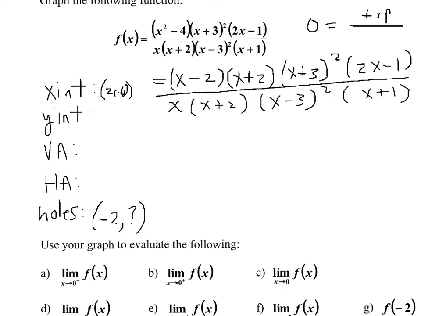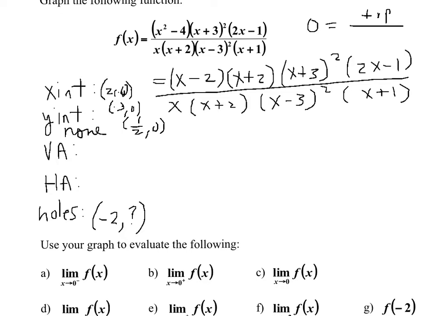I can see that there's an x-intercept at -3, so we have (-3, 0), and at 1/2. Those are all the values that make the numerator 0. The y-intercept is when you put 0 in for x, and I can see here it's going to be 0 on the bottom, so I can't divide by 0, so there are no y-intercepts.